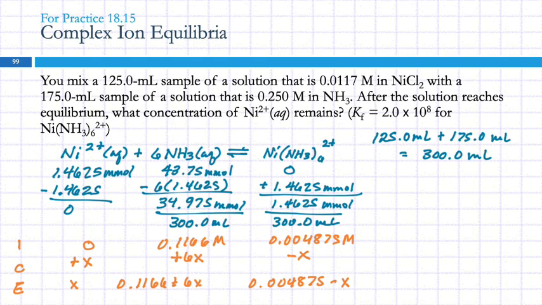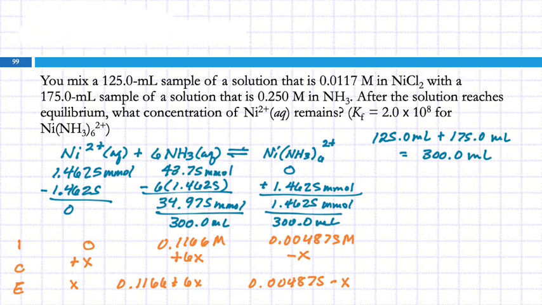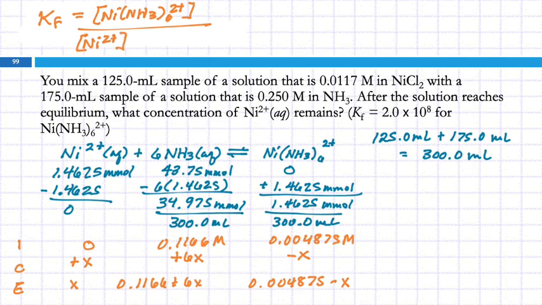So we can put these into the equilibrium constant expression. The formation constant is going to be the concentration of our complex ion divided by the concentration of the nickel ion and the concentration of ammonia to the 6th power.